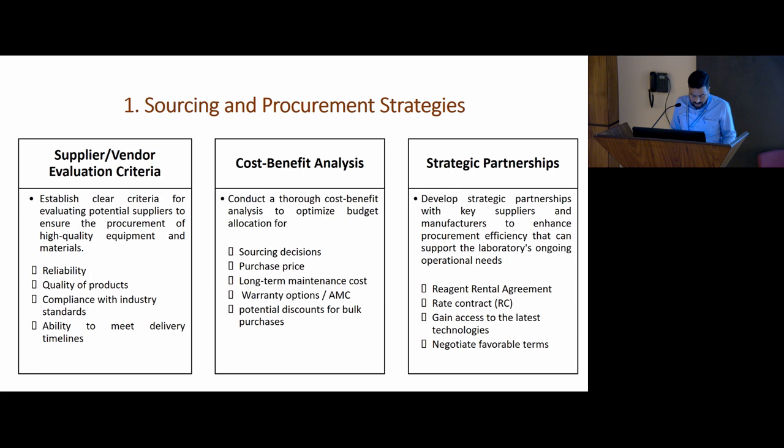Conduct a thorough cost benefit analysis for outsourcing decisions, considering not only the purchase price but also the long-term maintenance cost, warranty options, and potential discounts for bulk purchasing and optimal budget allocation. It is also important to develop strategic partnerships with key suppliers and manufacturers to enhance procurement efficiency, gain access to technology, and negotiate favorable terms that can support the laboratory's ongoing operational needs.